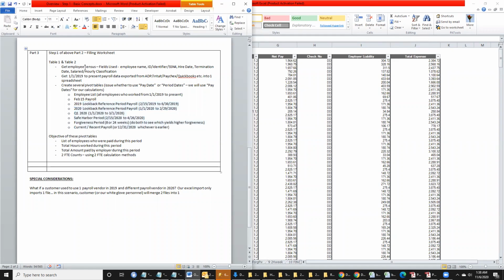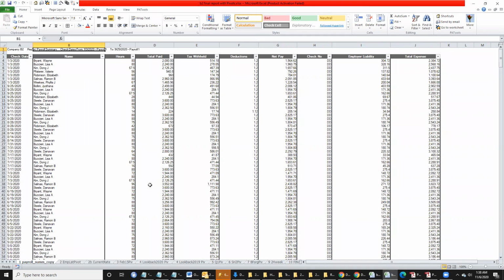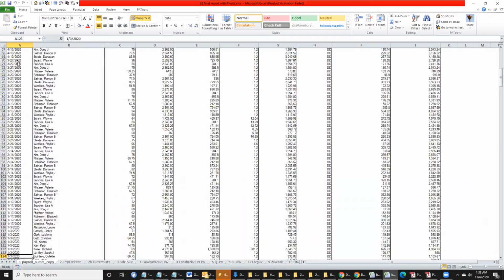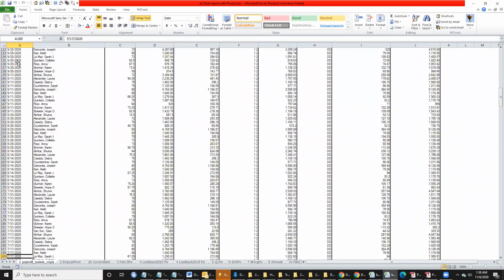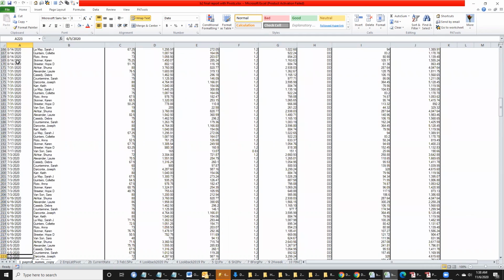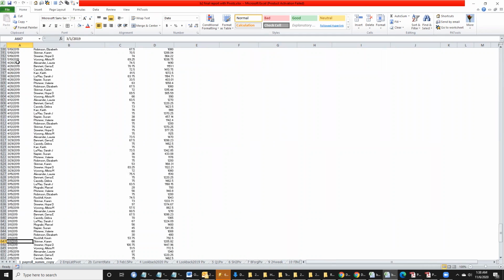Census report, get 2019 to present, and then once you get that in one file, which is one worksheet, this is an example of all the data from 1/1/19 to present. It has 2020 first, then it has 2019 data, like that.